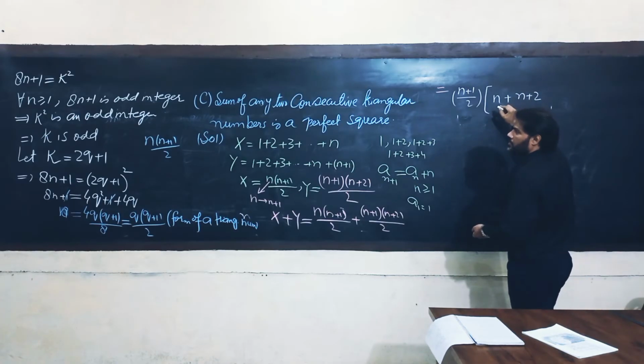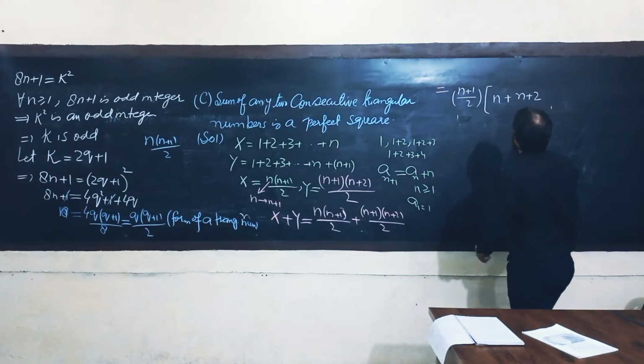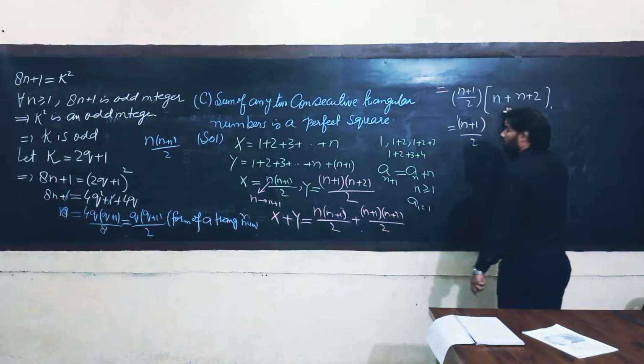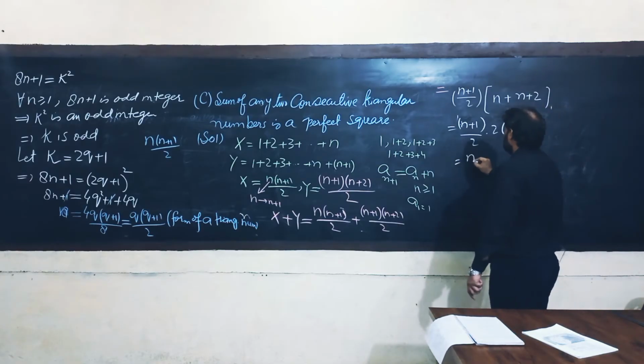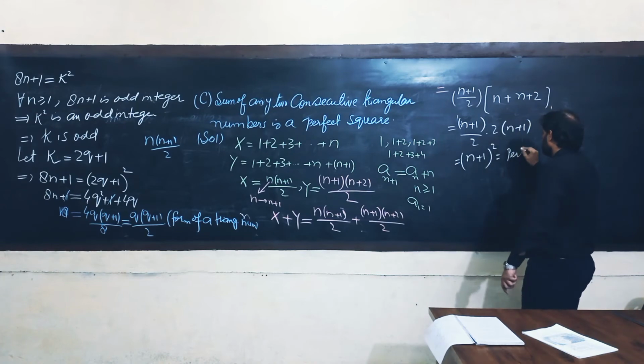So the sum of any two consecutive triangular numbers is a perfect square. n plus 1 over 2 times 2n plus 2. By taking 2 common, this is equal to n plus 1 whole squared, which is a perfect square. This is the perfect square that is required.